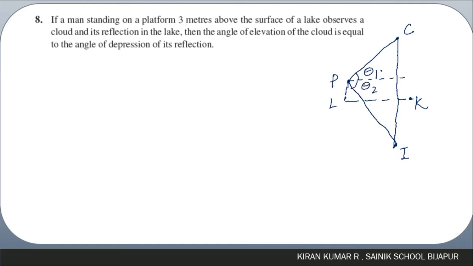Let theta 1 be the angle of elevation of the cloud and theta 2 be the angle of depression of the cloud. And let me take the platform to be at 3 meters, because they have given 3 meters above the surface of the lake.